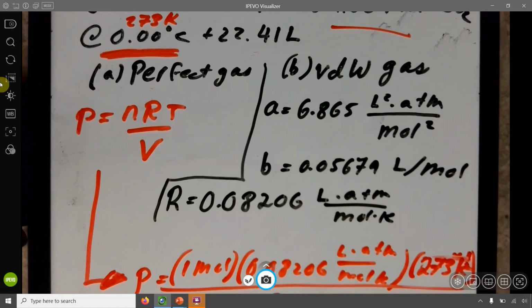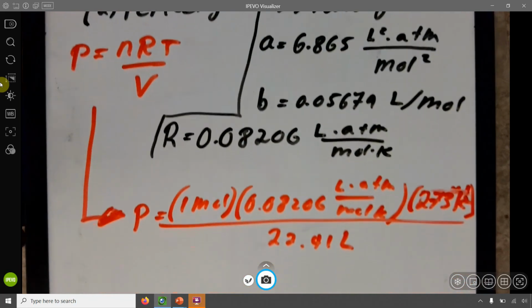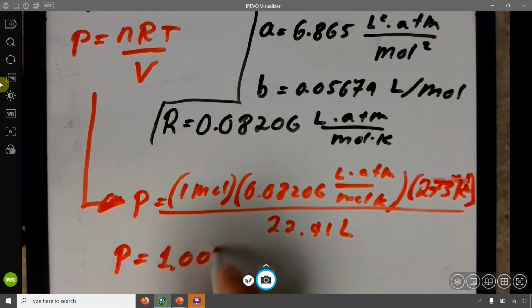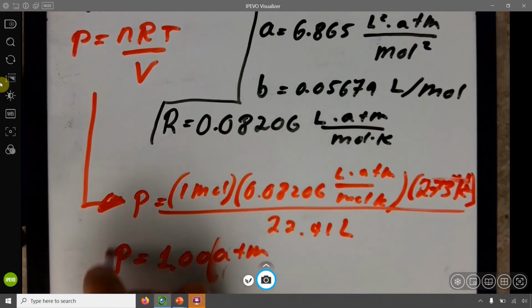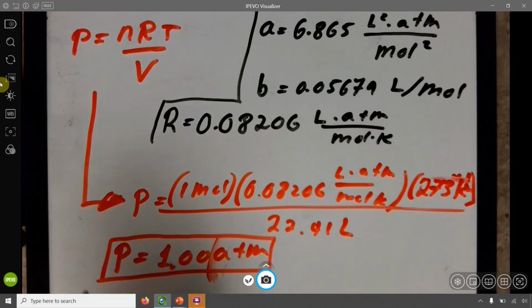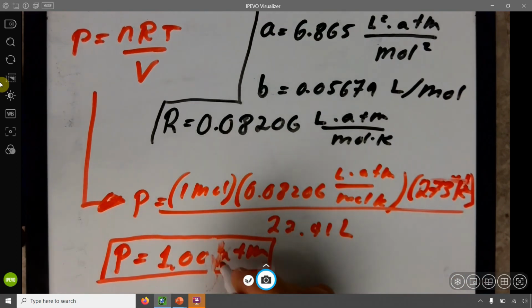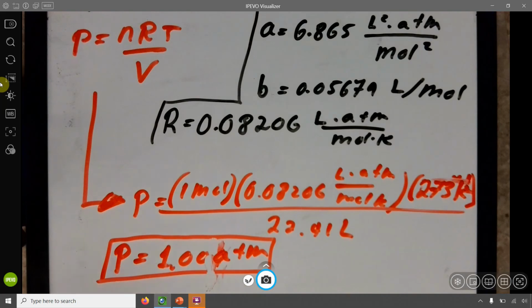Okay, and if you were to substitute all of this into the calculator, you'll find that this is 1.00 ATM. We have 3 sigfigs. All right, so that's how you would do the ideal gas, the perfect gas walk.